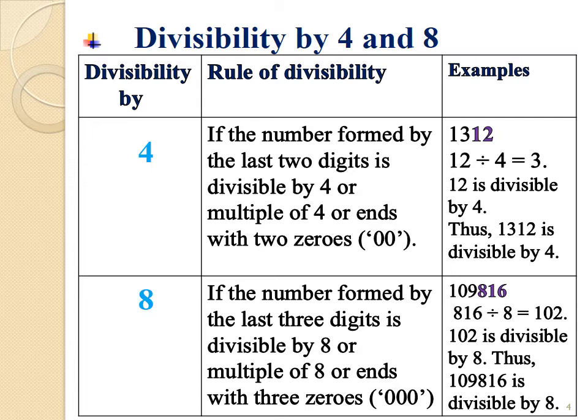So, now let's divide 816 by 8. Thus, dividing 816 by 8, we get quotient 102 and remainder 0. Thus, 1,09,816 is divisible by 8. Students, so we can say that tests for 4 and 8 are similar.